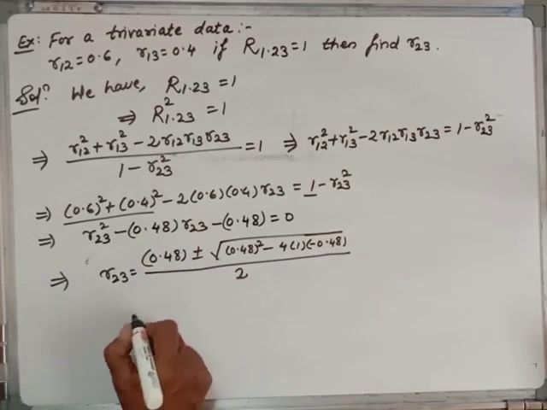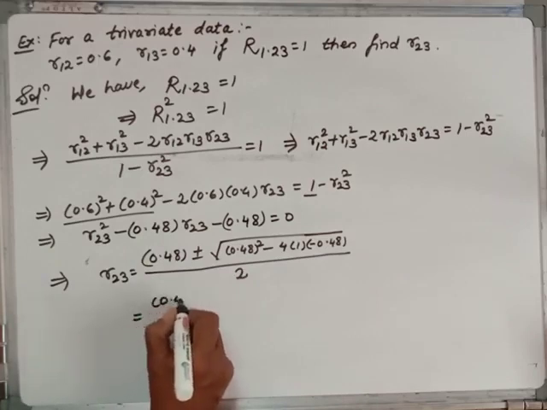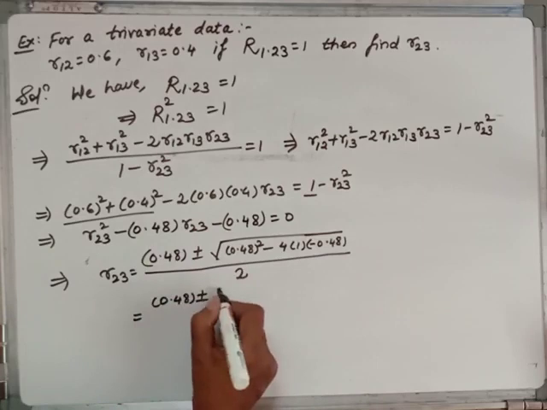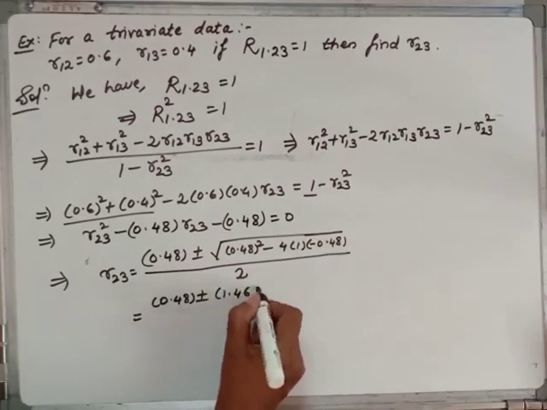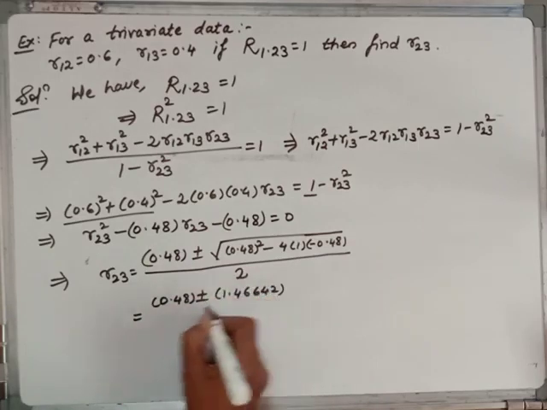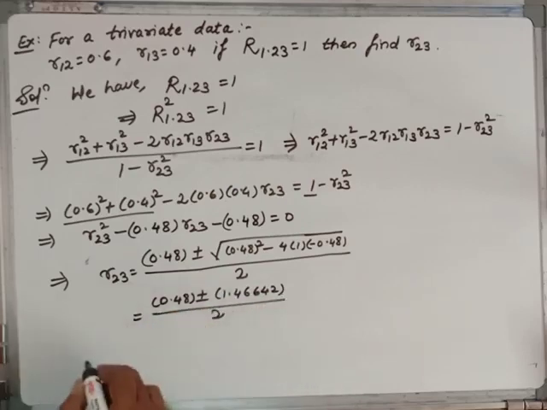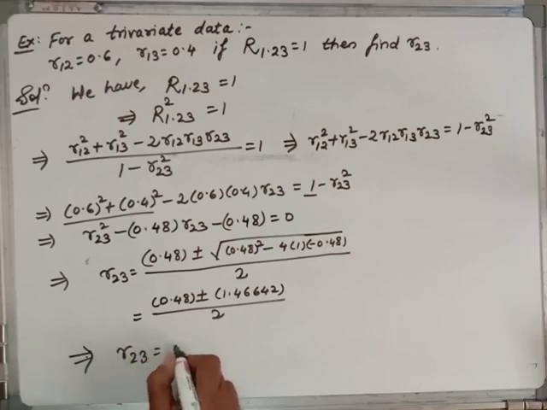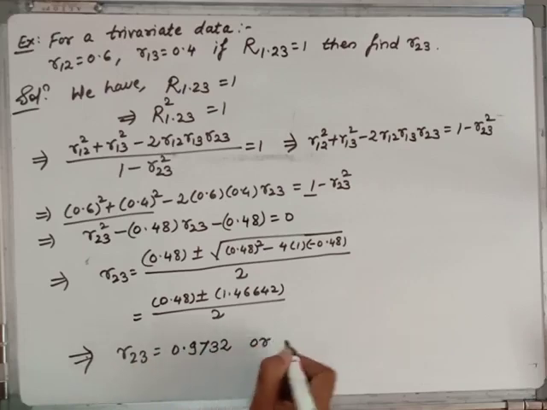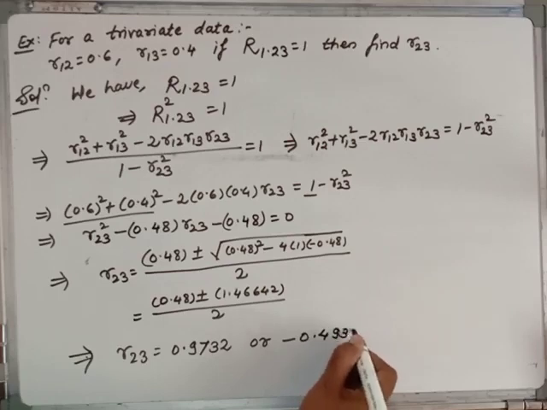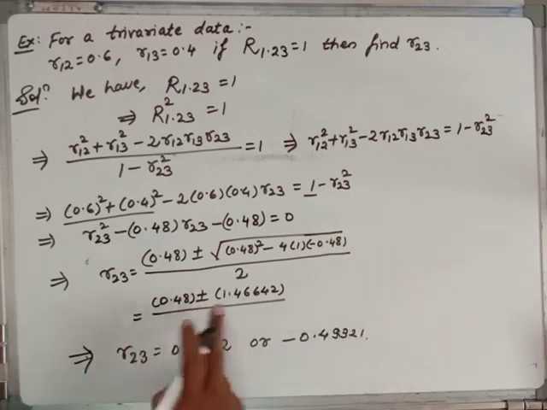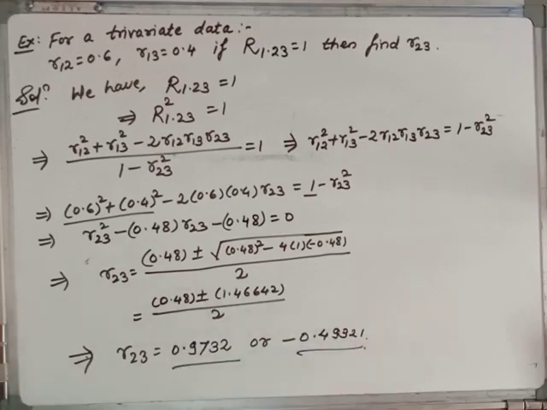So that is 0.48 plus minus 1.46642 upon 2. Therefore, it gives R23 is equal to 0.9732 or minus 0.49321. One is from plus, other from minus. These are the answers for R23 here.